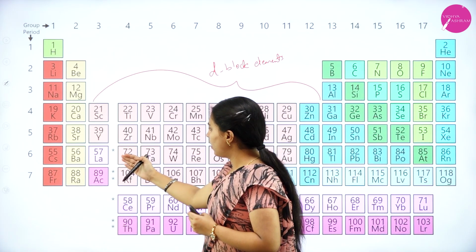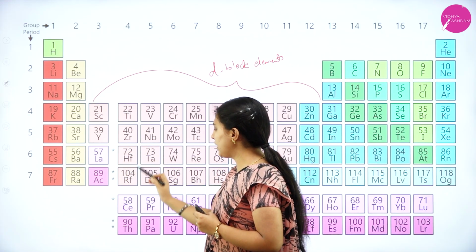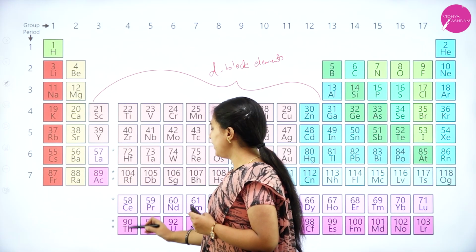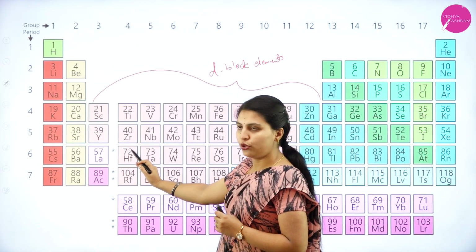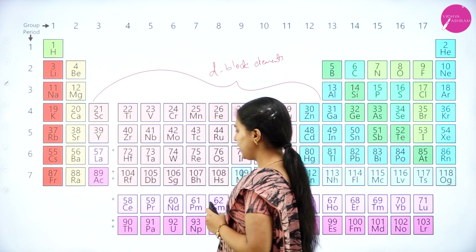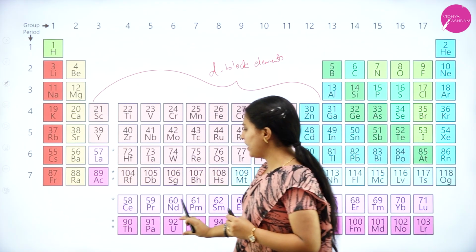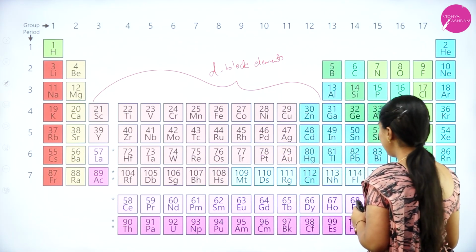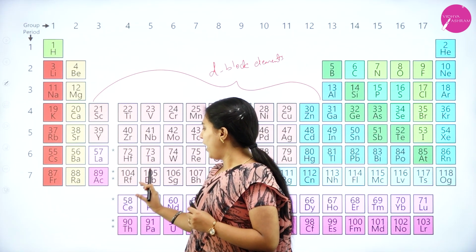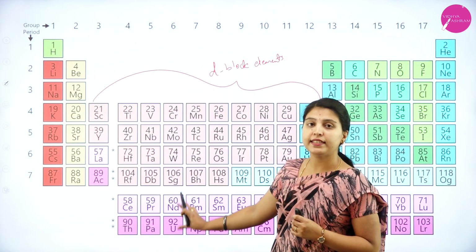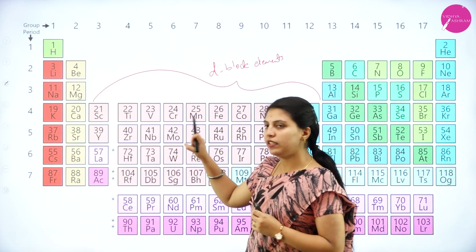After atomic number 57 comes 58, and after atomic number 89 it is 90. See here, last is 71, after that 72. This first series has been taken from the 6D transition series. The second series, from atomic number 90 to 103, they have taken from the 7D transition series. That's why these two series are called inner transition series or F block elements, because they have been taken from the inner side of the transition series.